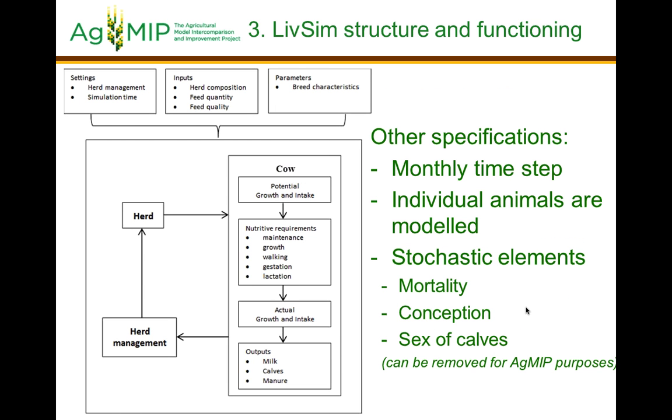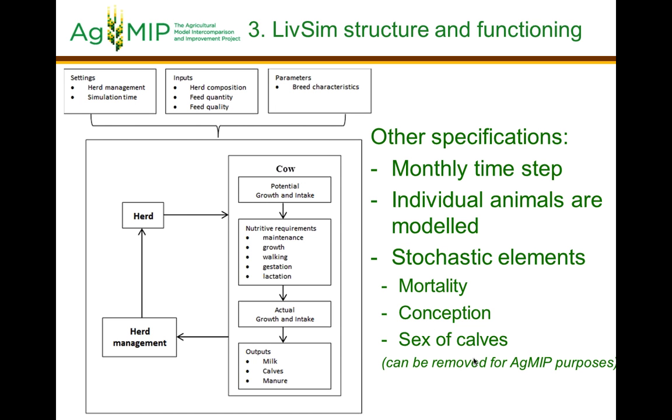Some other specifications of the model: we use a monthly time step to simulate livestock productivity. We model individual animals, so for each animal, their age is recorded, their body weight, their feed intake, their production, etc. The model also contains some stochastic elements, related to mortality, to conception, and to the sex of the calves.